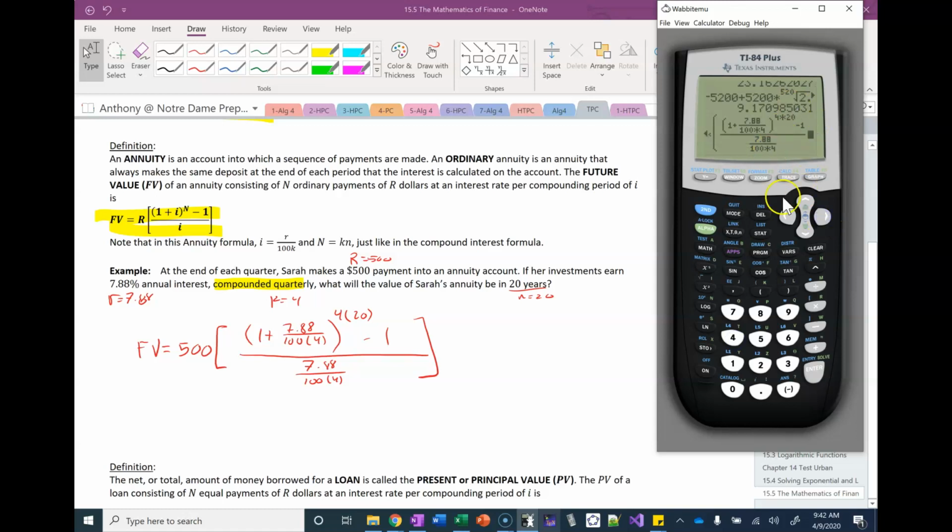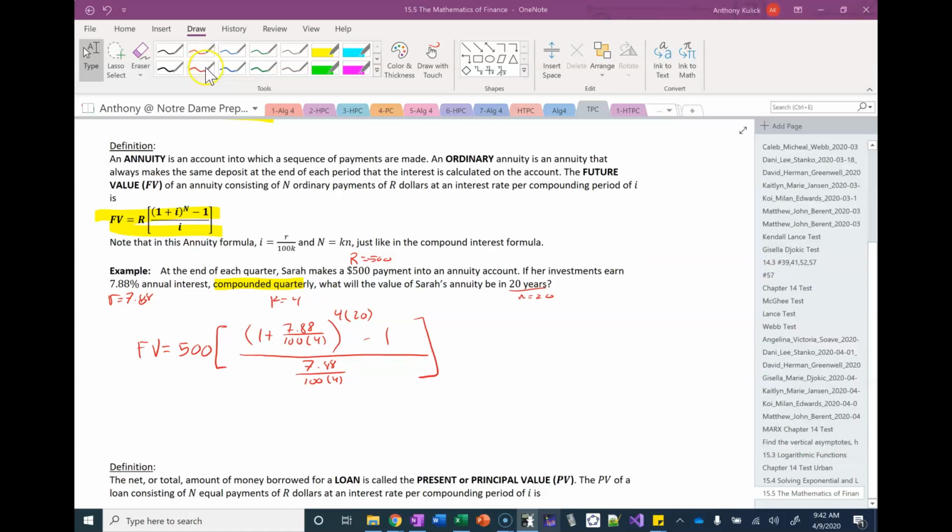I move outside the fraction, close my parenthesis, and then do the 4 times 20 power, and then my minus 1. Then I move down to the bottom, and I need another fraction, so alpha y equals, n over d, 7.88 over 100 times 4. Then I move my cursor outside of all the fractions, close my parenthesis, and press enter. When I do that, I get that our future value is about $95,483.39.